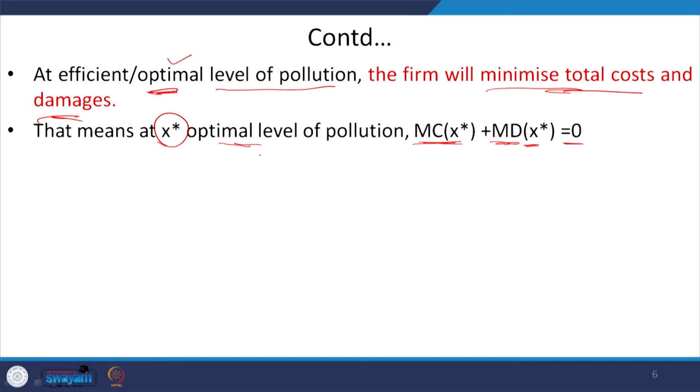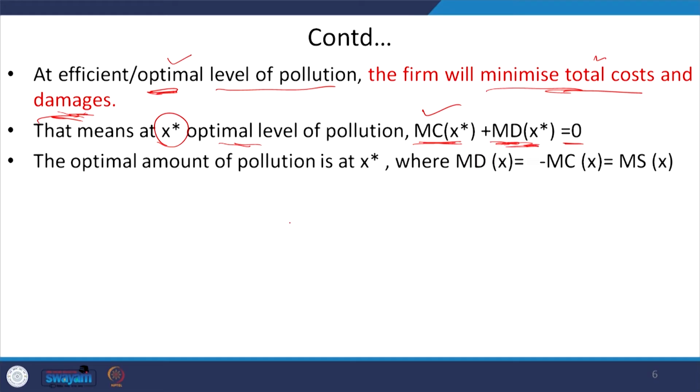So, this is the first order condition for minimizing the total cost and damages. We need to take the first order derivative of the total cost, that is the marginal cost, and the first order derivative of the damages, that is the marginal damages. We sum them up and set them equal to 0.